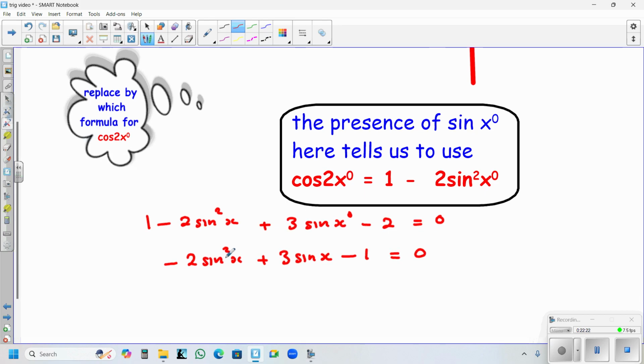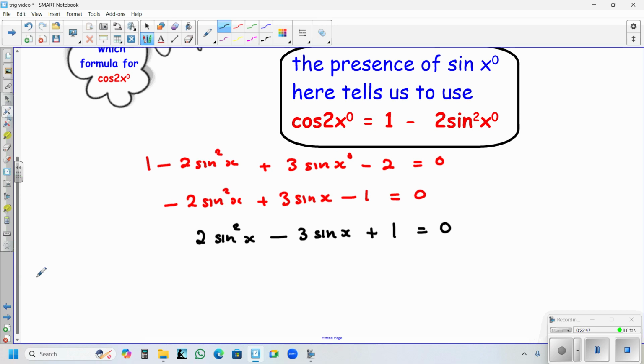There's a squared term there. I do not like a negative squared term, so I'm going to take them all over the other side, which is equivalent to multiplying every term by negative 1. So that becomes 2 sine squared x, minus 3 sine x, plus 1 equal to 0.